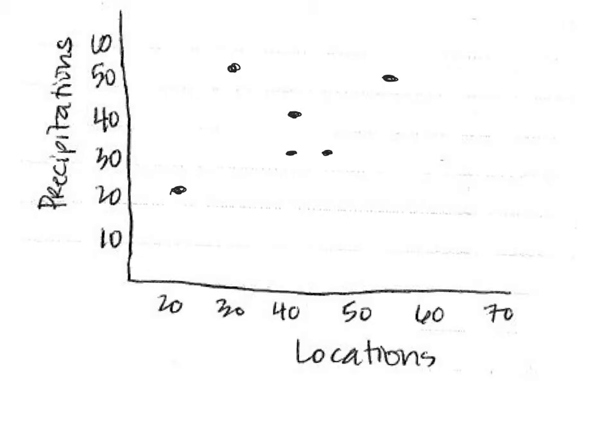Miami is 26, 56. Phoenix is 33, 8. Portland, Maine is 44, 44.